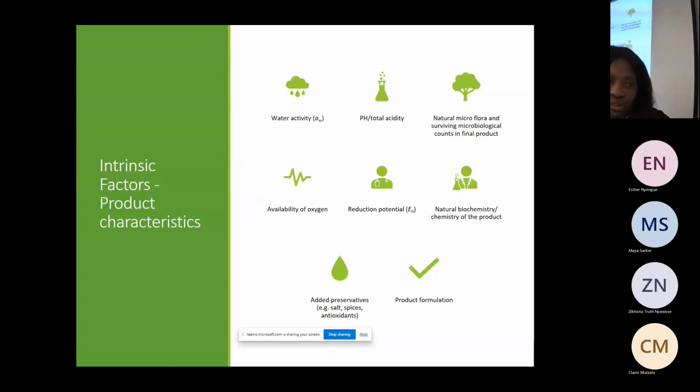If you look at the intrinsic factors, we look at water activity, pH or total acidity, natural microflora that is around, surviving microbial counts in the final product, availability of oxygen, reduction potential, natural biochemistry and chemistry of products, added preservatives, which could be spices, salts, antioxidants, and also the product formulation. All these are factors that affect the shelf life of a product.